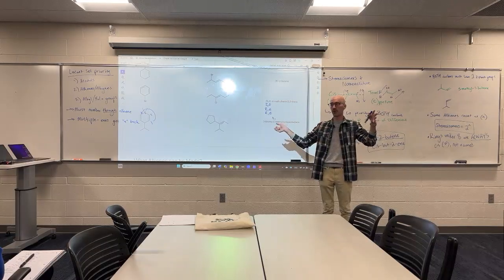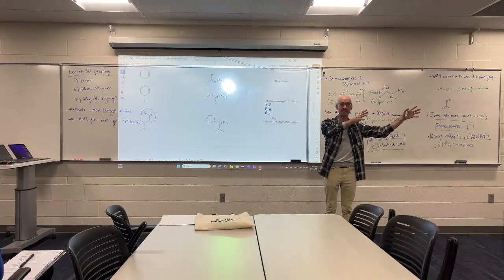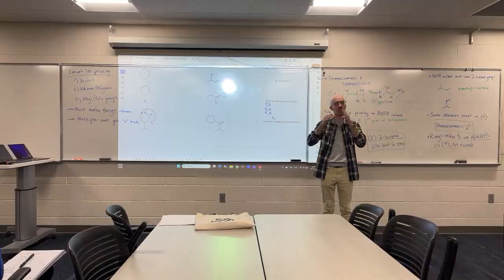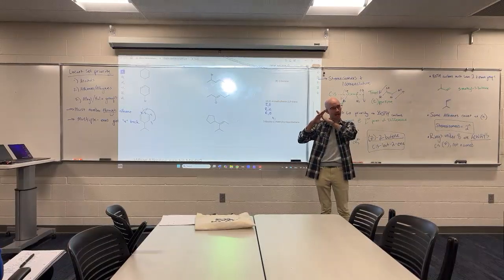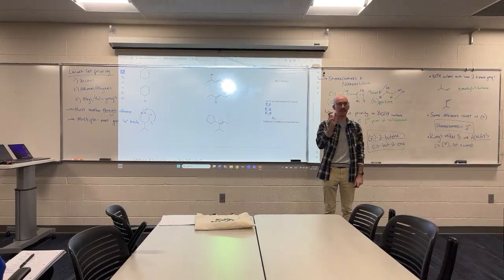But if you have multiple alkenes and you have to say diene or triene or tetraene in the suffix, it feels weird to go from a consonant like X to a consonant like D or T, so we put A back in there.